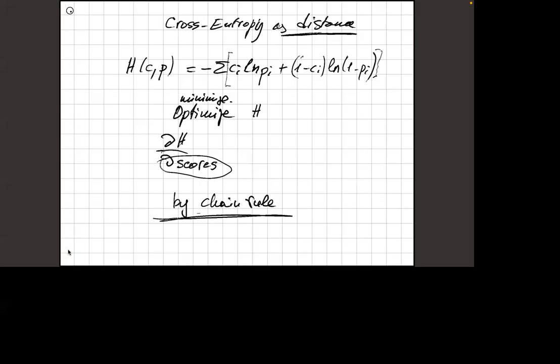At the end, this first level derivative, what you will see is it will be pi minus ci, which is essentially your predictions, y hat, minus your true vector y.